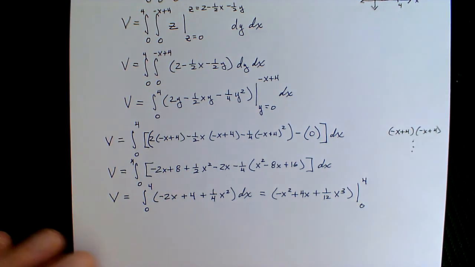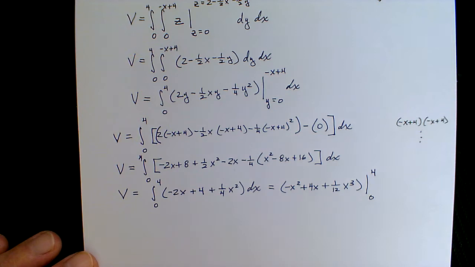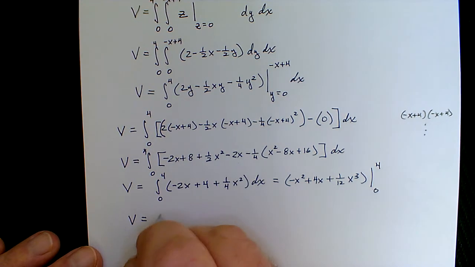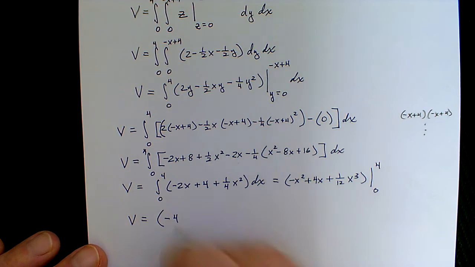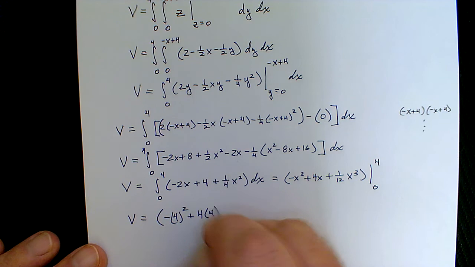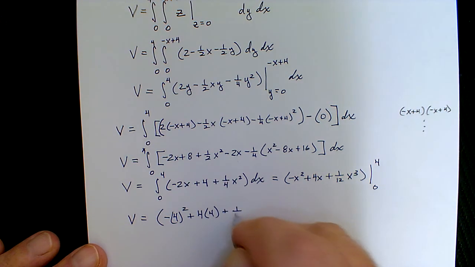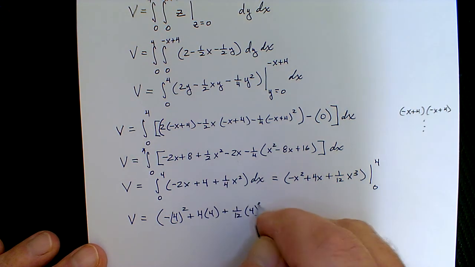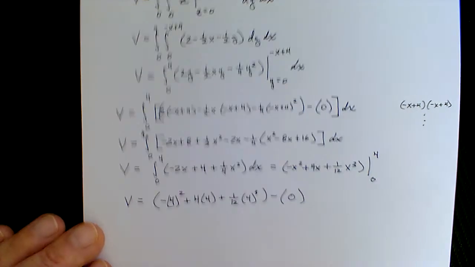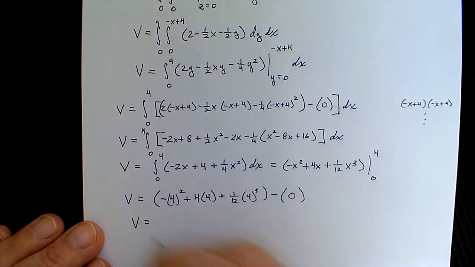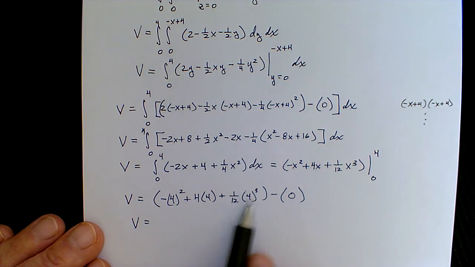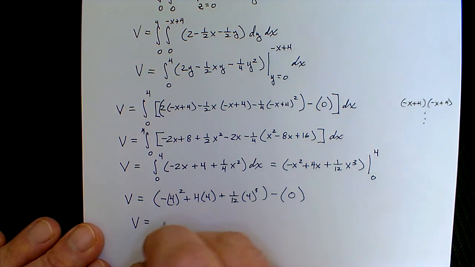X equals, and so finally upper limit, minus 4 squared plus 4 times 4 plus 1/12 times 4 cubed, and then minus lower limit. It's nice that it's a 0. And finally we get our volume is, okay, this is negative 16, that's 16, so that goes away, so that's 64 over 12 then, which reduces to 16/3.